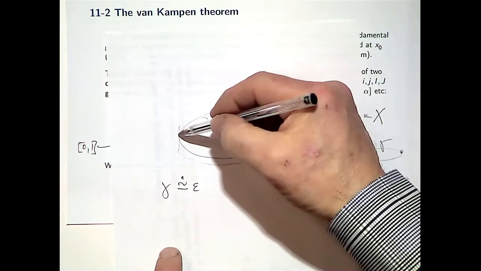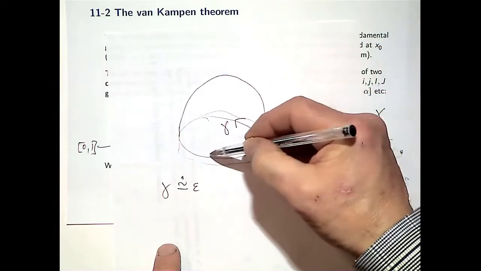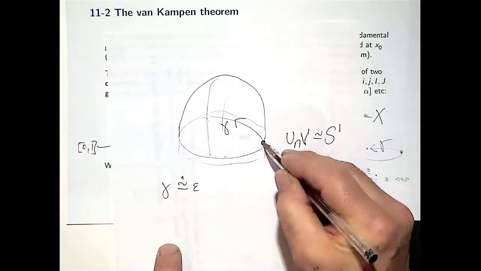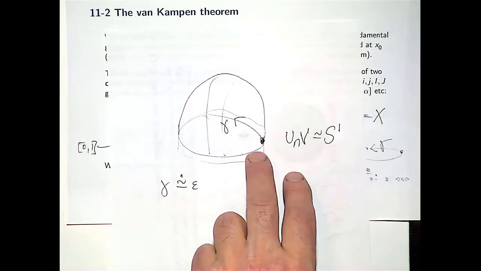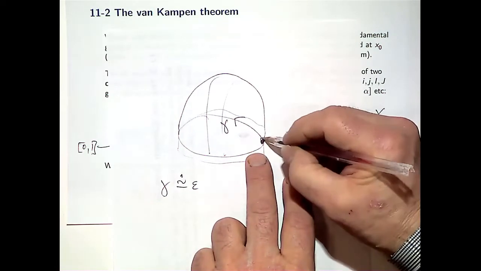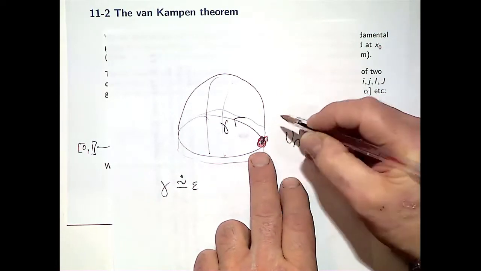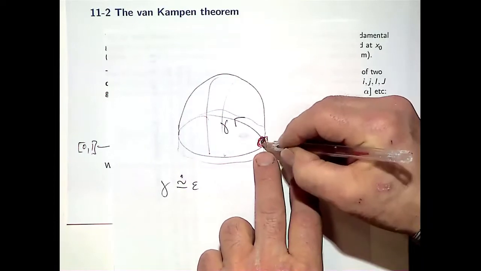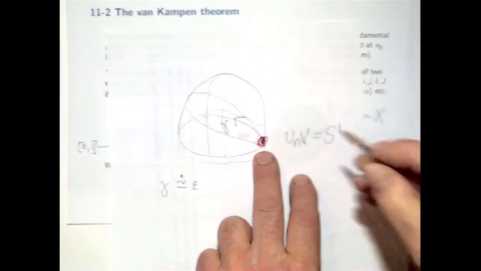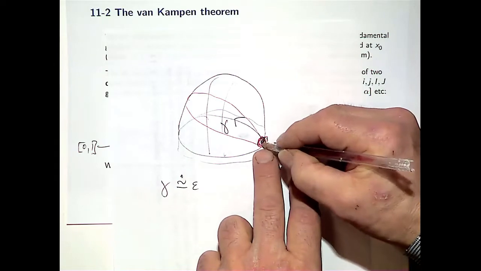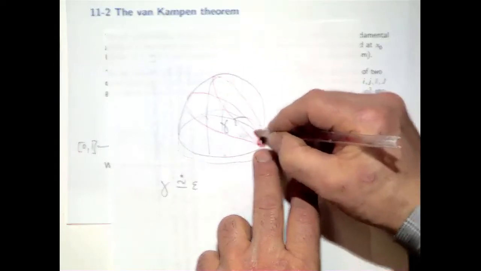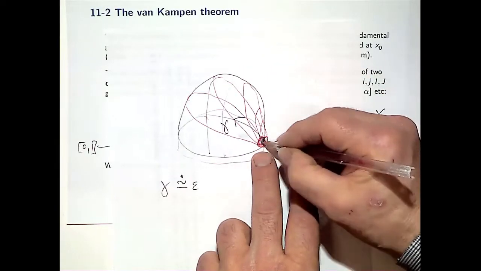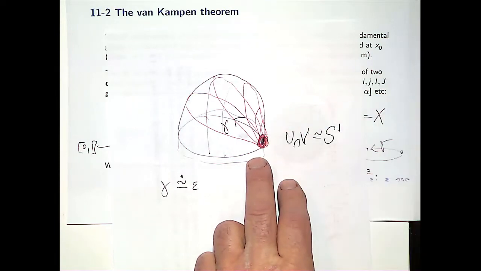But once I add the northern hemisphere, I can pull this loop up. I think there was even an exercise on this. I've got to fix the end point, the base point. Sorry, talking about the circles wasn't helpful because that didn't preserve the base point. But I can pull this up and just pull it round until it becomes the constant. Is that clear?